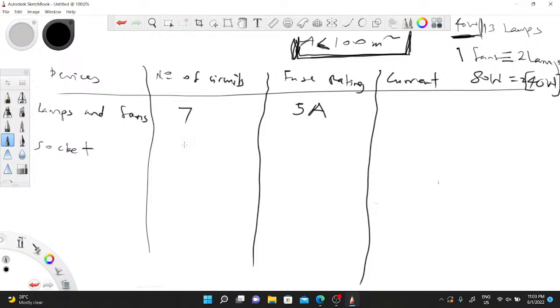So sockets, as I was saying, we connect all sockets in an area less than or equal to 100 square meters together. We ring them together and run them home together.